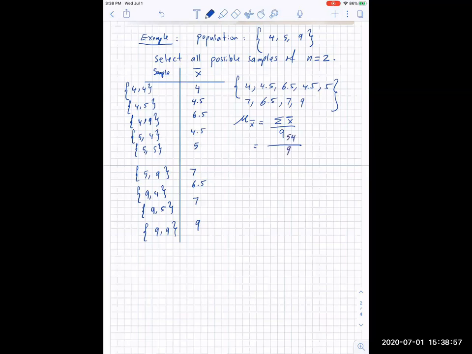And then I divide by 9. That will give me 6. So that's the mean of the sample means, of all the sample means.